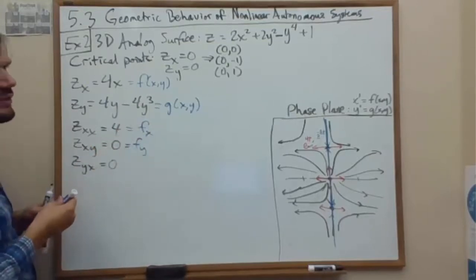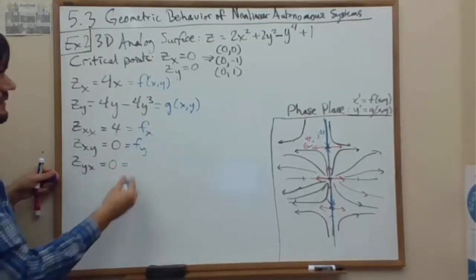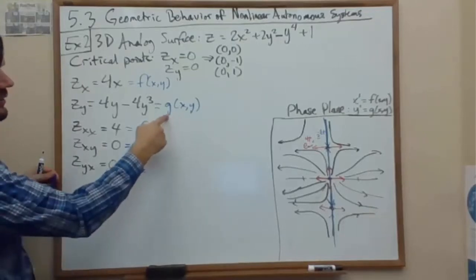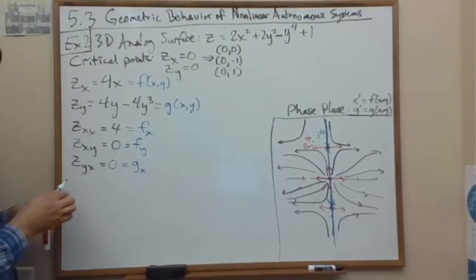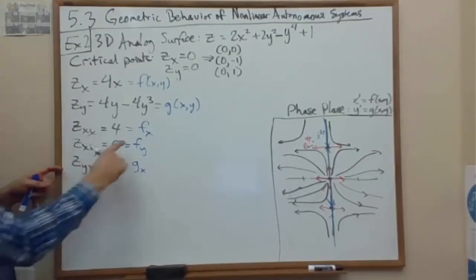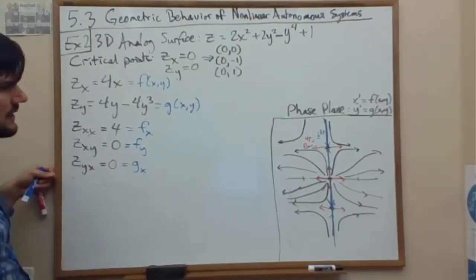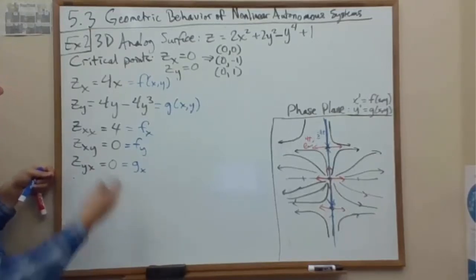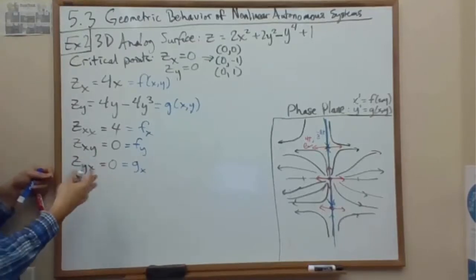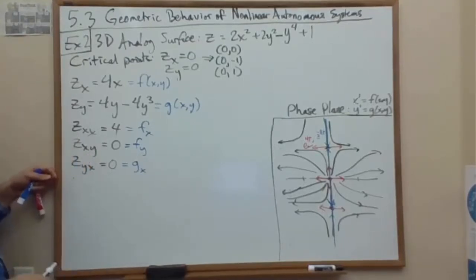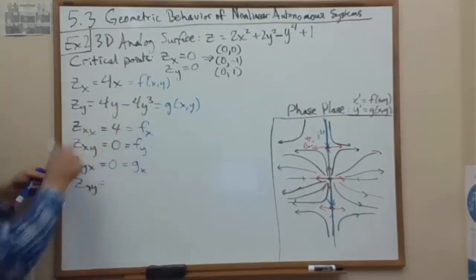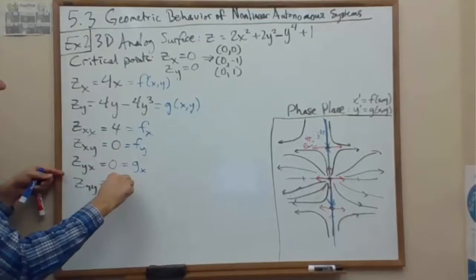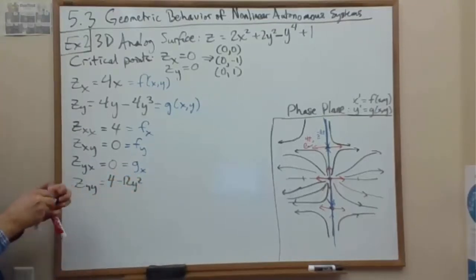In terms of our differential equation, this is the same thing as taking the x partial of our g slope function. That's one of the conditions on having an analog surface: your f sub y and g sub x must be equal if they relate to the mixed partials of your surface. And then for z sub yy, we take one more partial derivative, giving us 4 minus 12y squared.